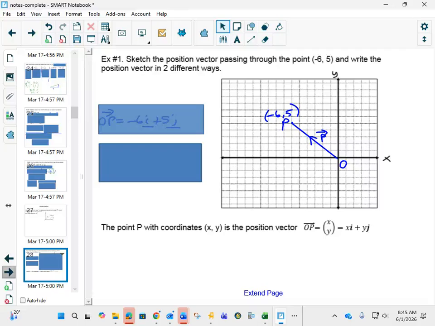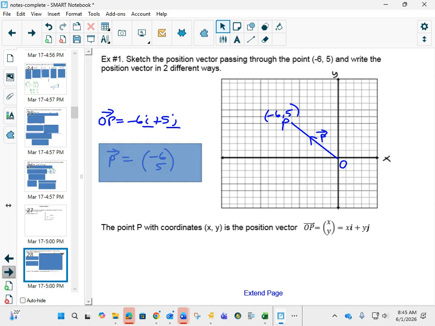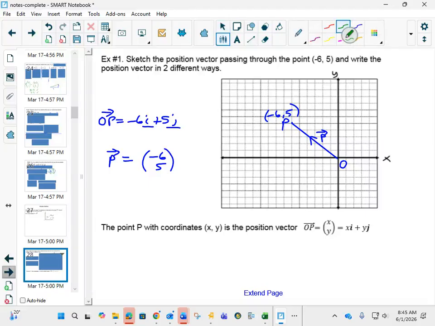And we could write this as a column vector or with the i's and the j's. I underlined them that time. I like the arrowheads over top.